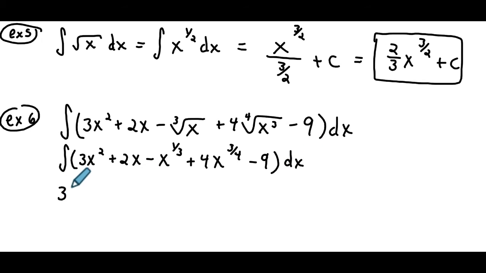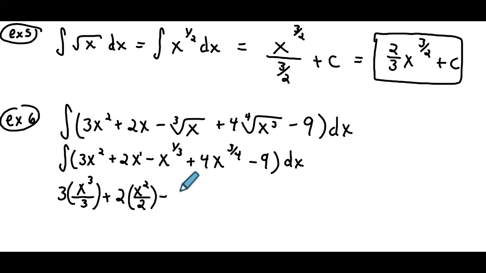So the constant comes out. With x squared, we add 1 to our power, so it becomes x cubed over 3. Constant comes out. With this x to the first, we add 1 to our exponent, so it becomes x squared over 2.